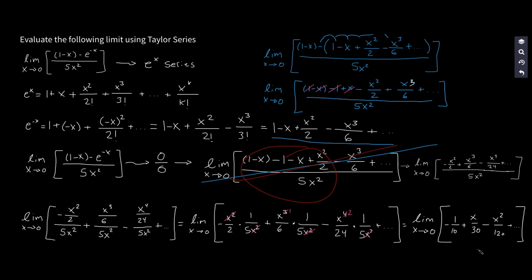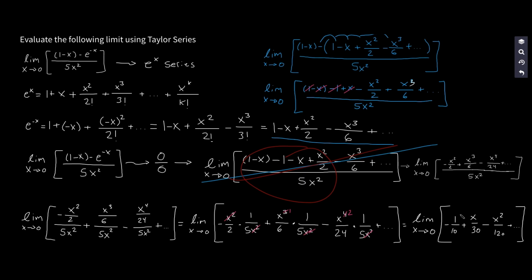Now I think the next thing to do is just evaluate the limit. As x approaches zero, we're gonna plug in a zero to everything that has an x in it. If we plug in zero to negative 1/10, it's just gonna be negative 1/10.